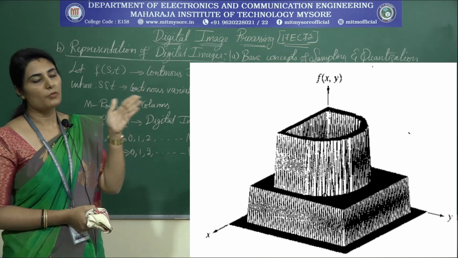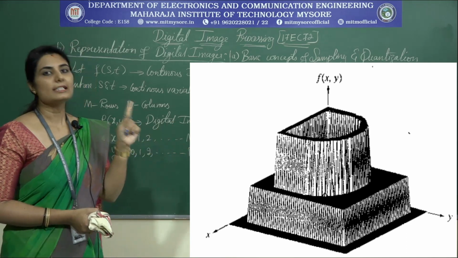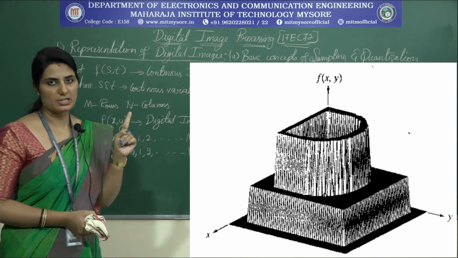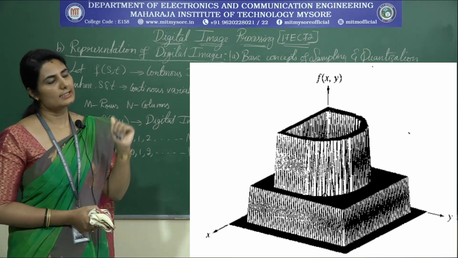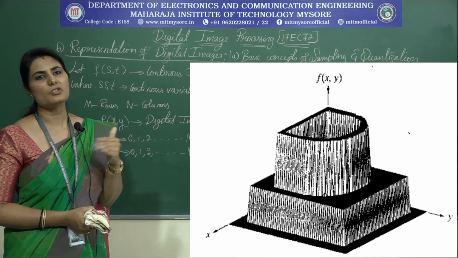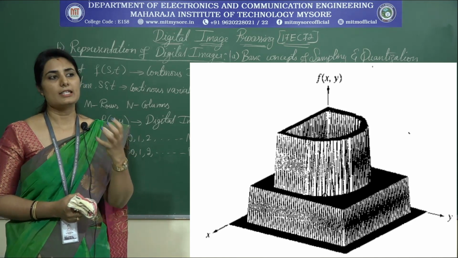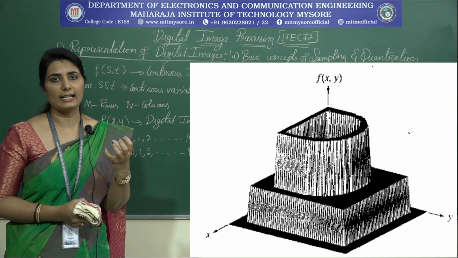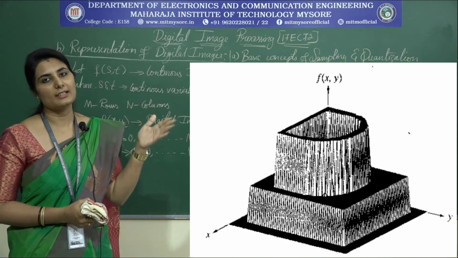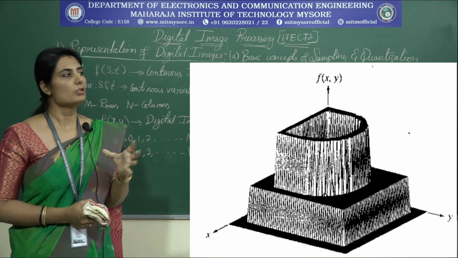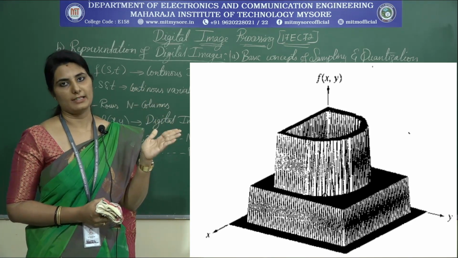This f of x comma y is a function of the spatial coordinates x and y. So this is the first type of representation of a digital image. Okay, and this type of representation is not preferable because when you deal with complex images which have too many details, then interpretation of these images with this representation becomes very difficult. So usually we do not prefer this kind of representation.